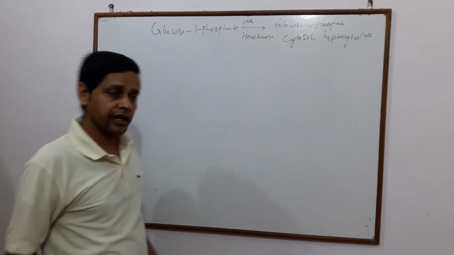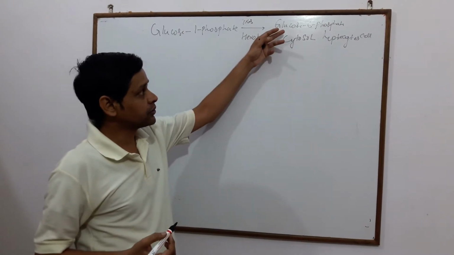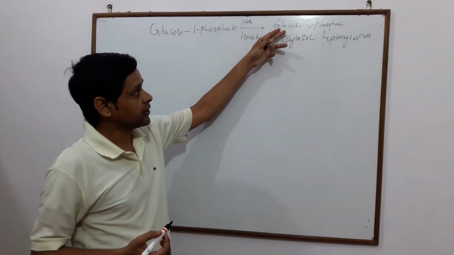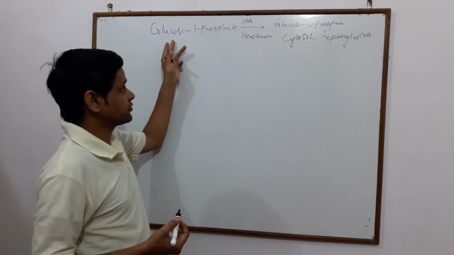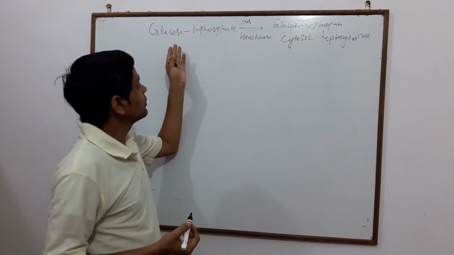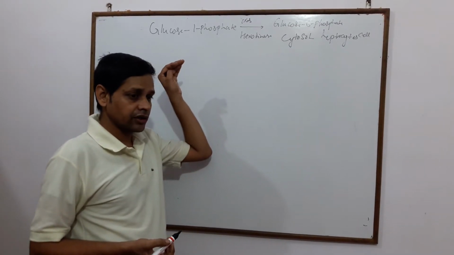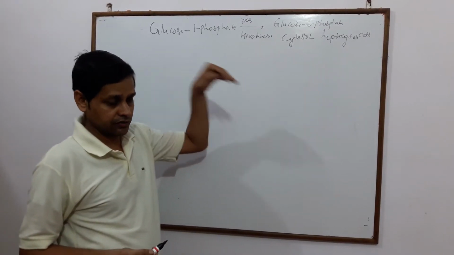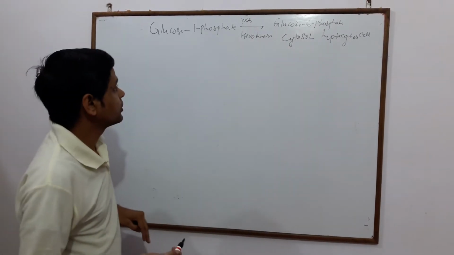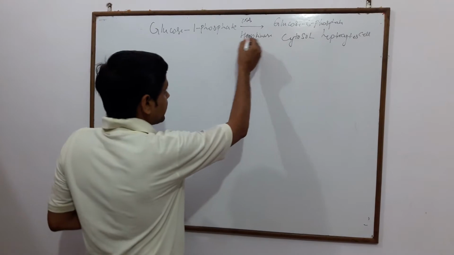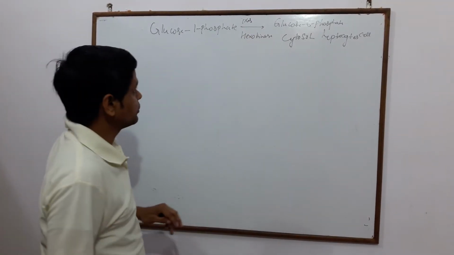So why is this reaction conducted, where glucose 6-phosphate is converted again before passing to the blood? What is the reaction between these two derivatives?